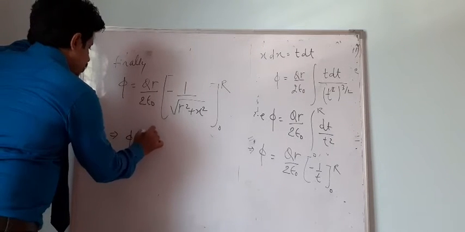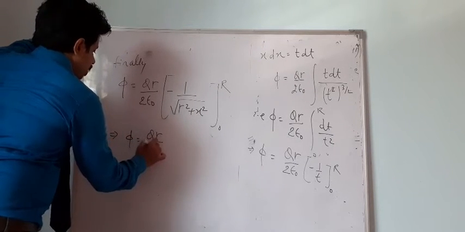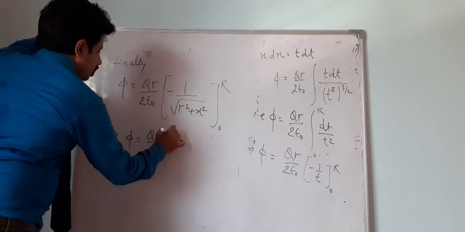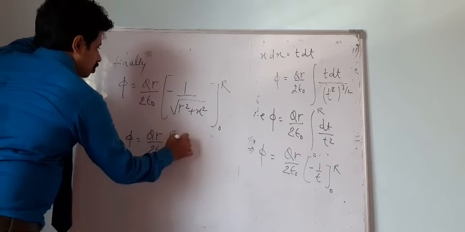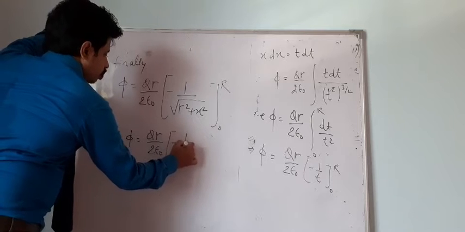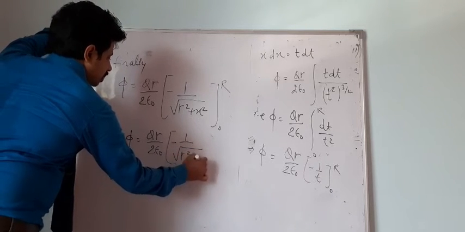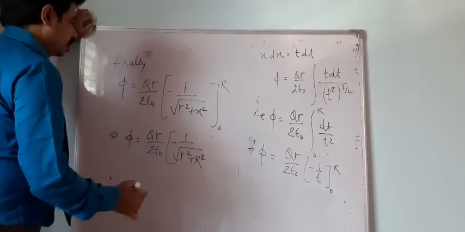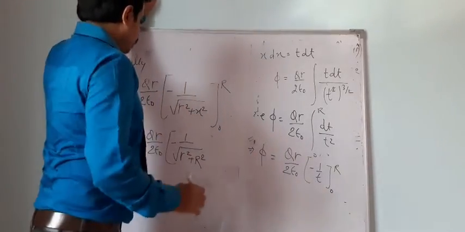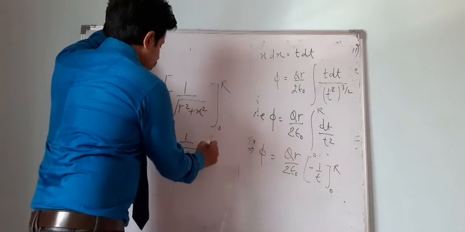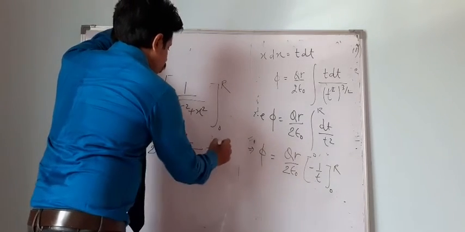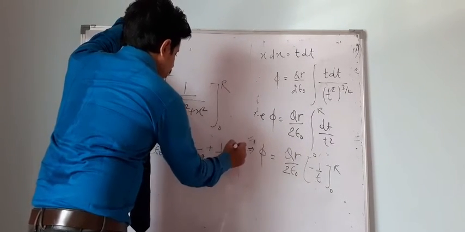So phi is equal to q r by 2 epsilon naught into minus 1 by root under r square plus r square, and again minus minus plus 1 by r.